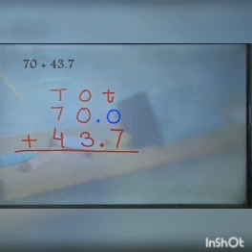The next step is to convert them into like decimals. Right now 70 has no digit after the decimal point, so I can place a decimal point here, and I see that 70 has no digits after the decimal point, but 43.7 has one digit after the decimal point. So we need to convert them into like decimals.